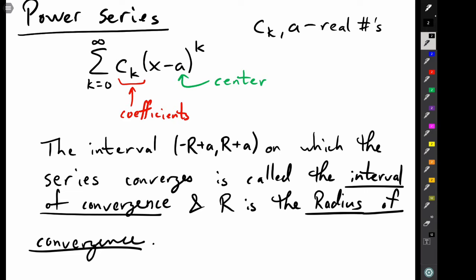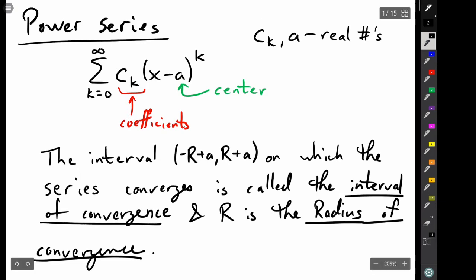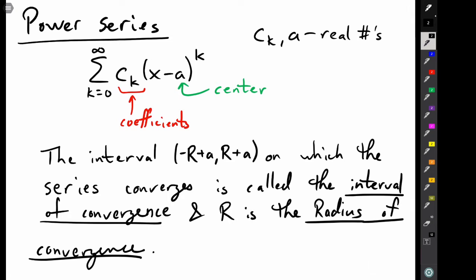We'll talk about how to compute the radius of convergence a bit later, but a little hint is it's going to involve the ratio test.